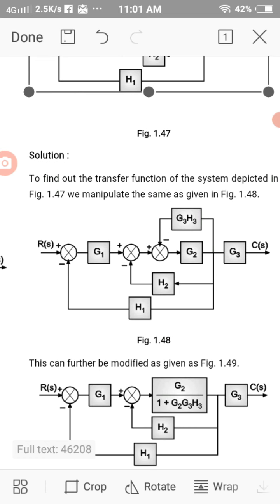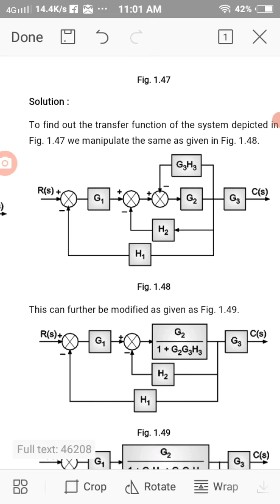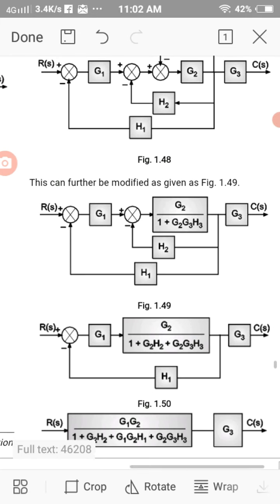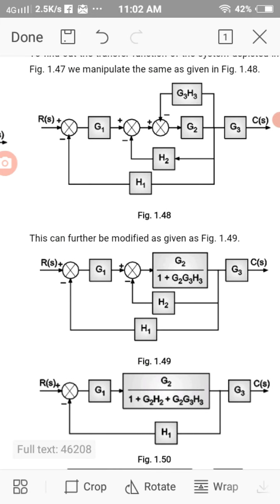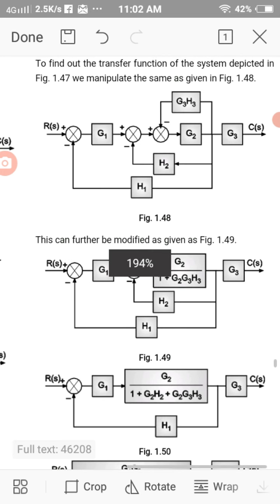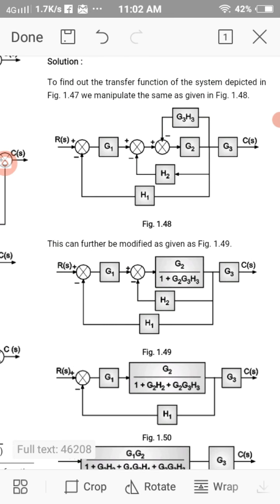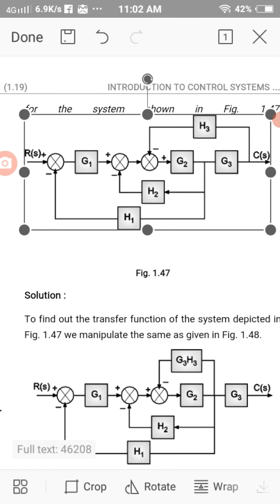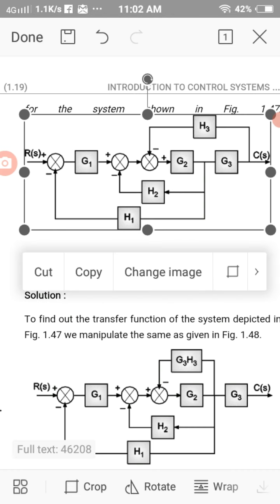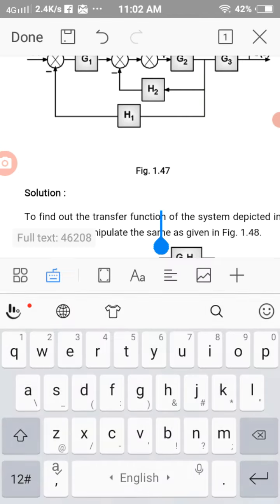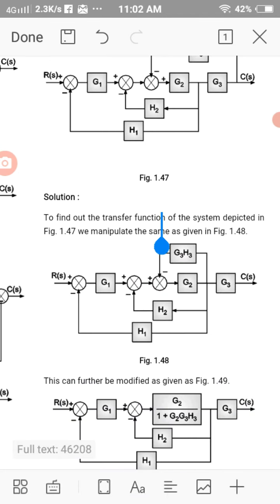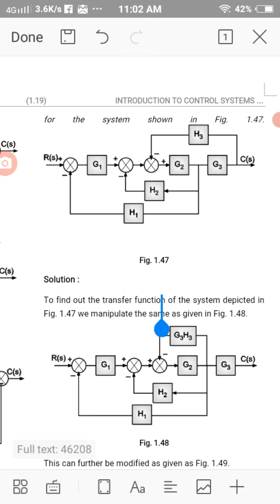To find out the transfer function of the system given here, if I have G3 and H3, I will take it to the left side.